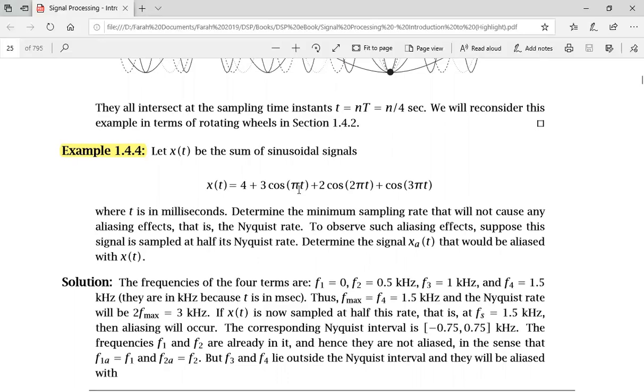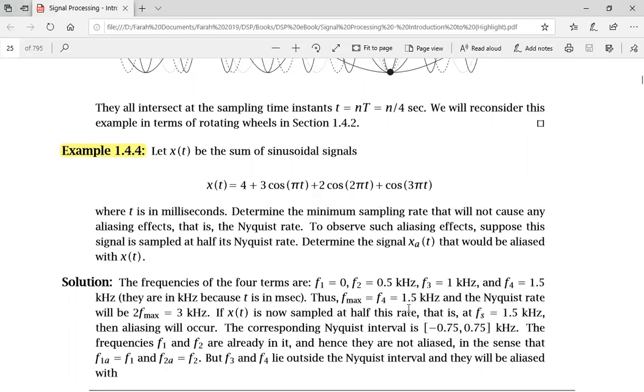It means f would be 0.5, but t is in milliseconds, so f2 would be 0.5 kilohertz. And similarly, for 2 pi t, f is 1, but not 1 hertz. It would be 1 kilohertz because t is in milliseconds. And then f4 would be 1.5 kilohertz. Here the maximum frequency is 1.5 kilohertz, that is f4.